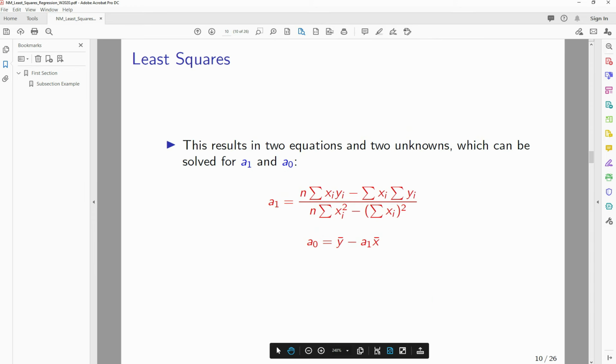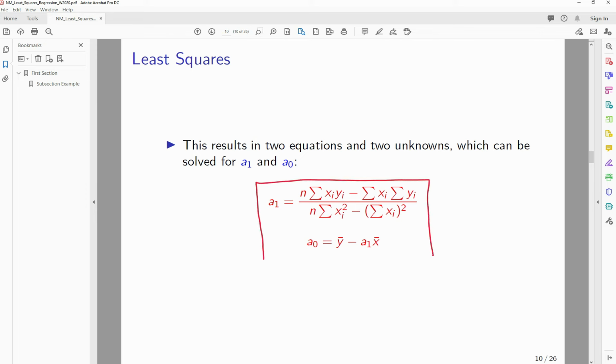And now we're left with two equations with two unknowns that can help us solve for a0 and a1. Well, with those two equations and two unknowns, we can use substitution or anything else, and we're left with then two equations that can be used to solve for a1 and a0. The derivation is not too complicated, but if you want to take your time going from slide 9, the previous slide, to this slide, it takes a little bit of time, but it's not so bad.